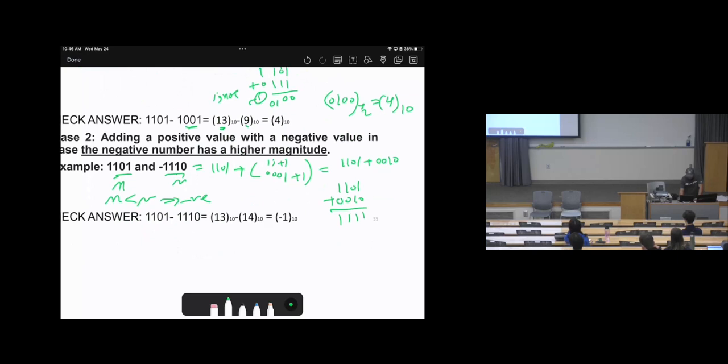If you need to add the negative sign, you do the complement, 0000, then add 1. So it will be negative 0001. Why did we do this? Because this is the 1's plus 1. Do the complements. Now, validate the answer. This is 13, this is 14. 13 minus 14, negative 1.